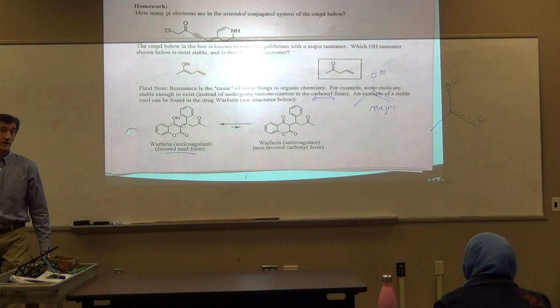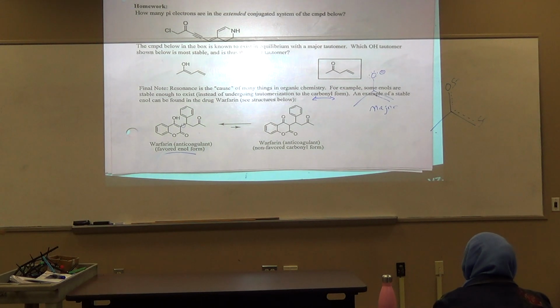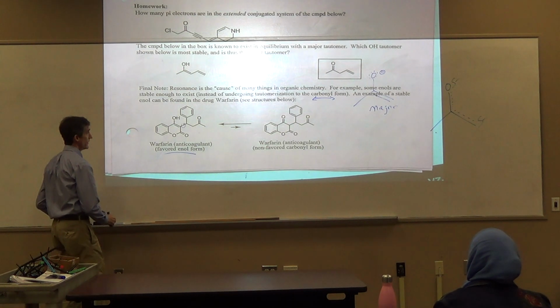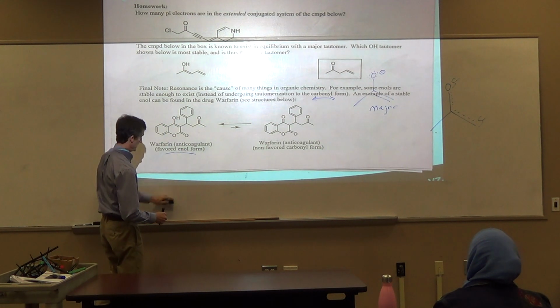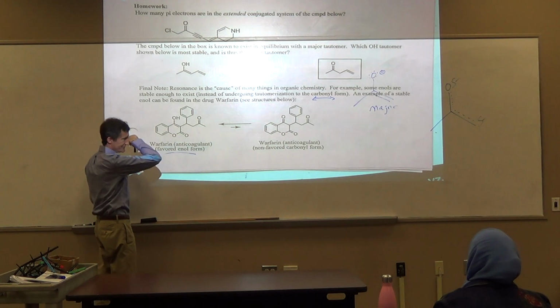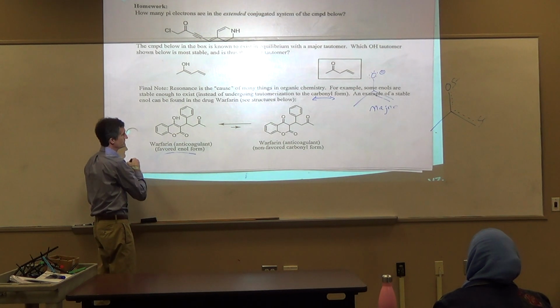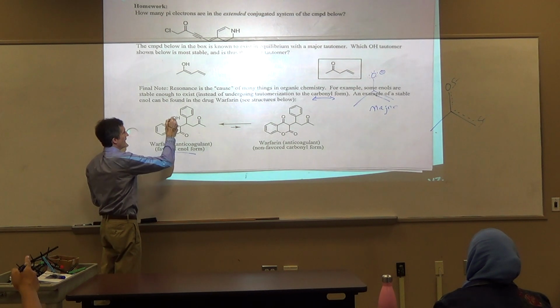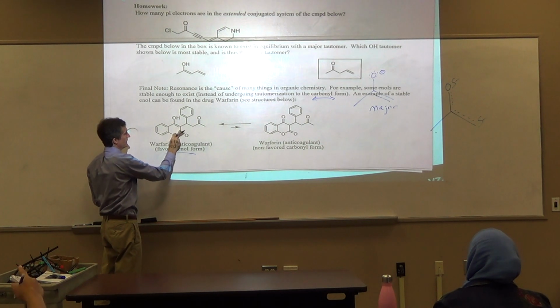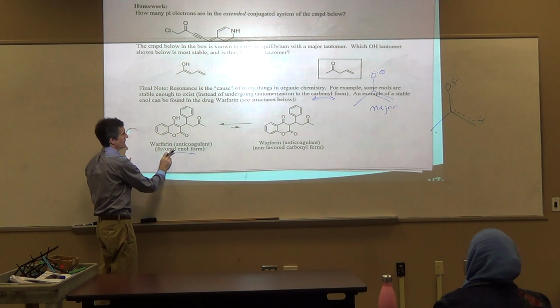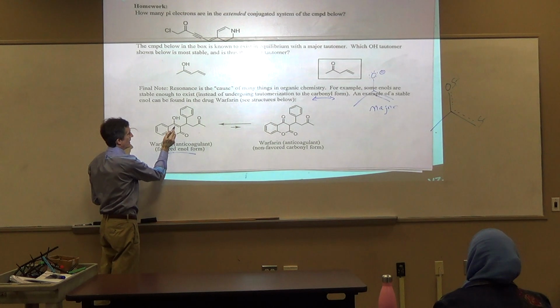So hydrogen bonding, imagine that. Answer the last question. What's another reason that this structure is favored over that one? Because the double bond that we put here with our ene is conjugated here, and it's also conjugated here.